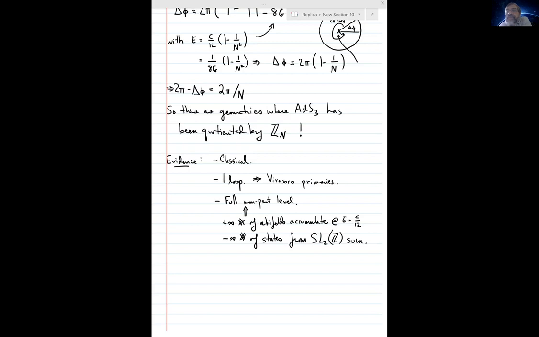And now when you have orbifolding, do you also have the same theorem? It's not completely clear. Absolutely. There's an argument that I didn't go through there. But you can actually go through the classification of orbifolds of three-dimensional hyperbolic space.